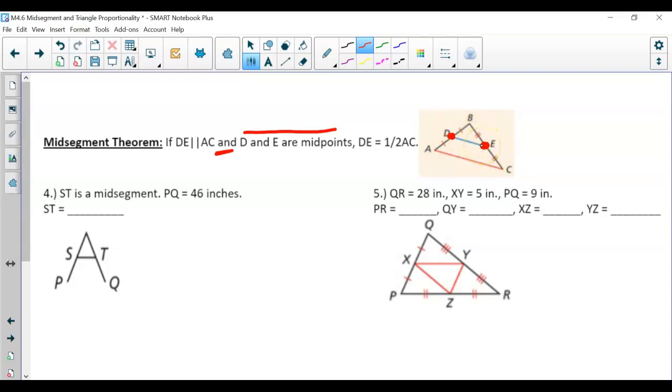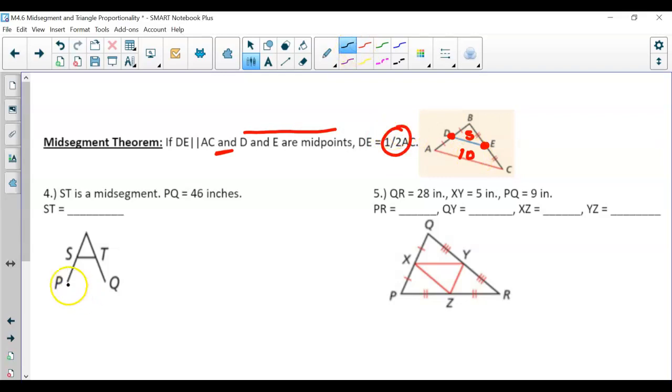So this is a double. Again, the midsegment is not only parallel, it's going through the midpoint. And that means here that DE is half of AC. So if DE is 5, then AC is 10.